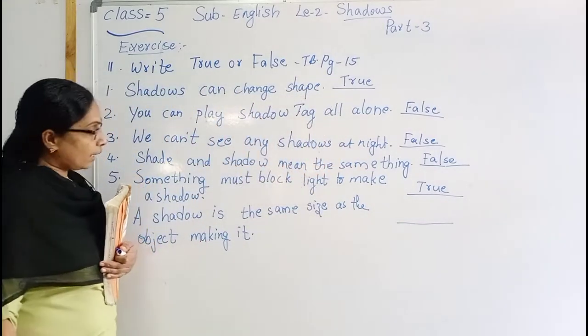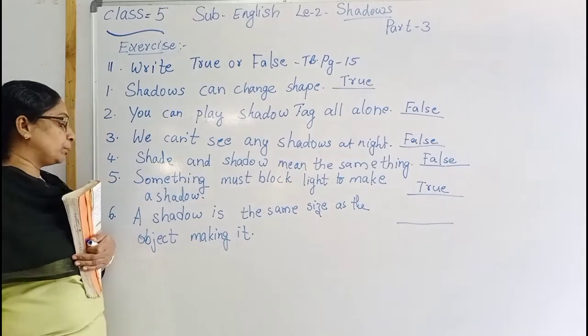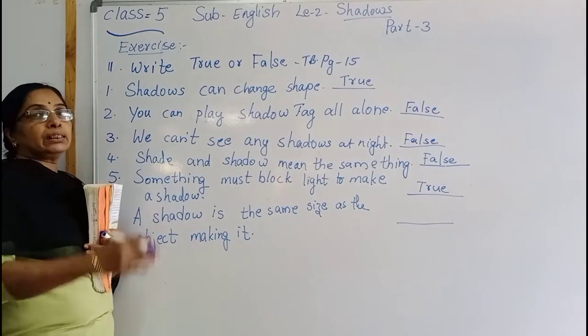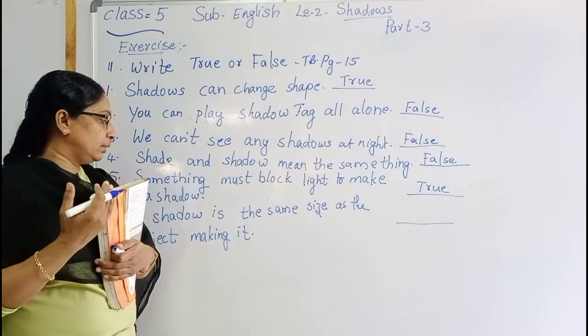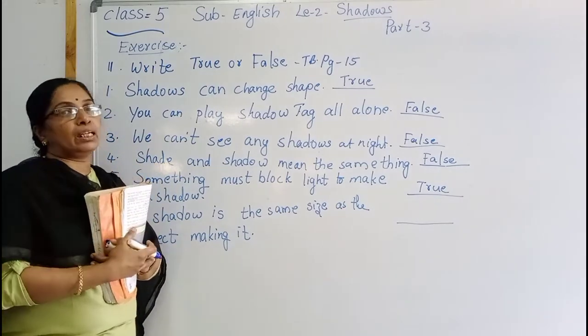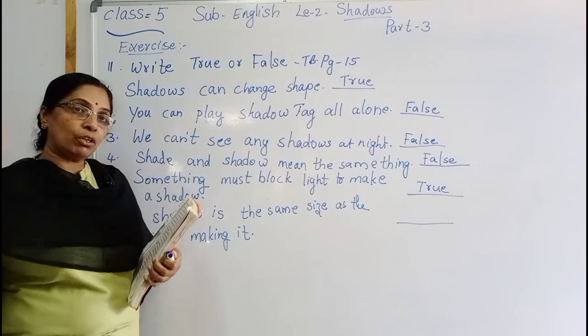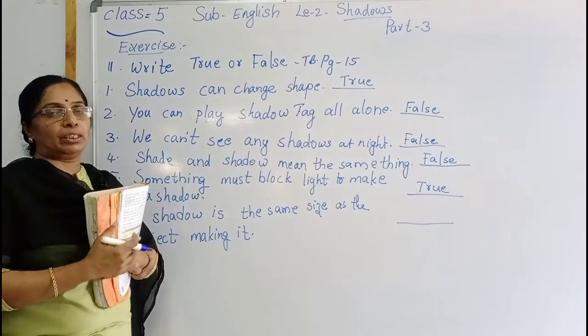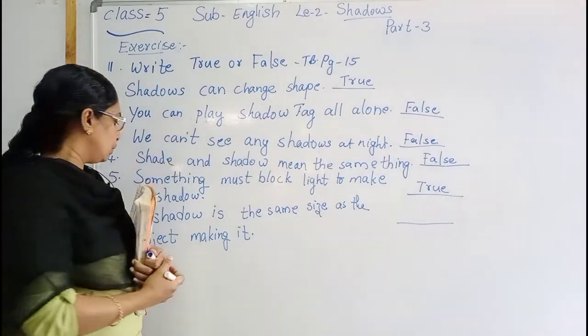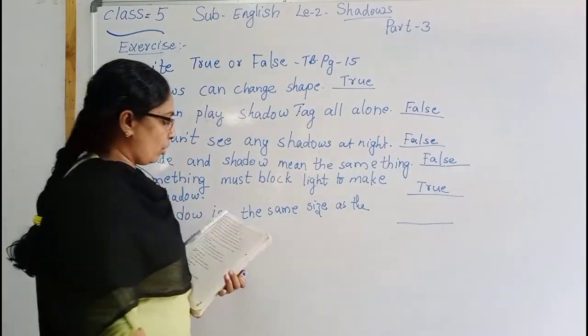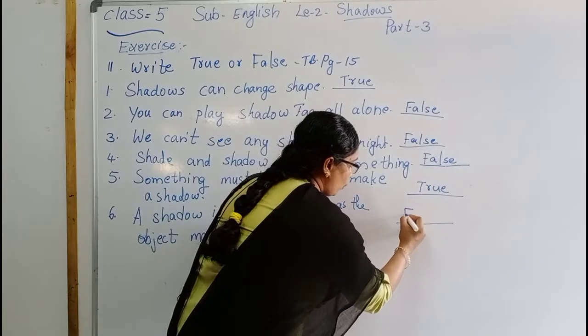Here, a shadow is the same size as the object making it. It depends on the size of the thing; it varies. If we are showing a big object, the shadow will be big. If we are showing a small object, the shadow will be small. So this statement is wrong. So the answer is false.